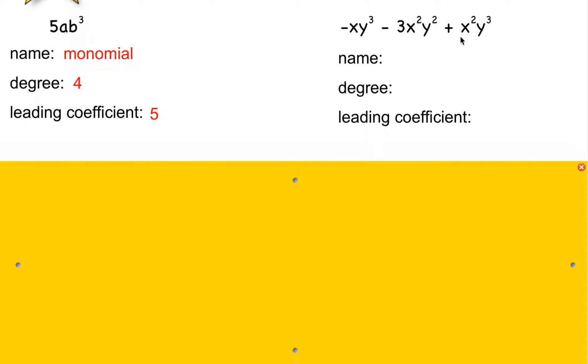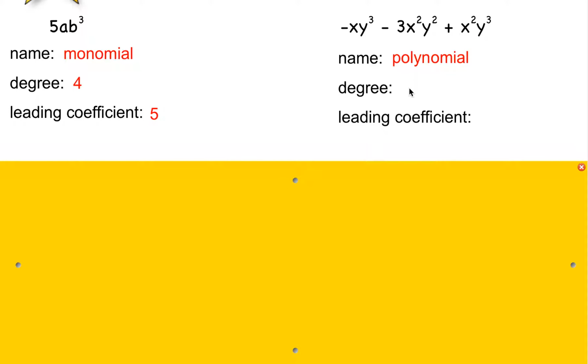Now over on the right-hand side, for this example, this has 3 terms. So this one is not a monomial, it is a polynomial. And its degree is the highest degree monomial. This term has degree 4, this term has degree 4, but the last term has degree 5.